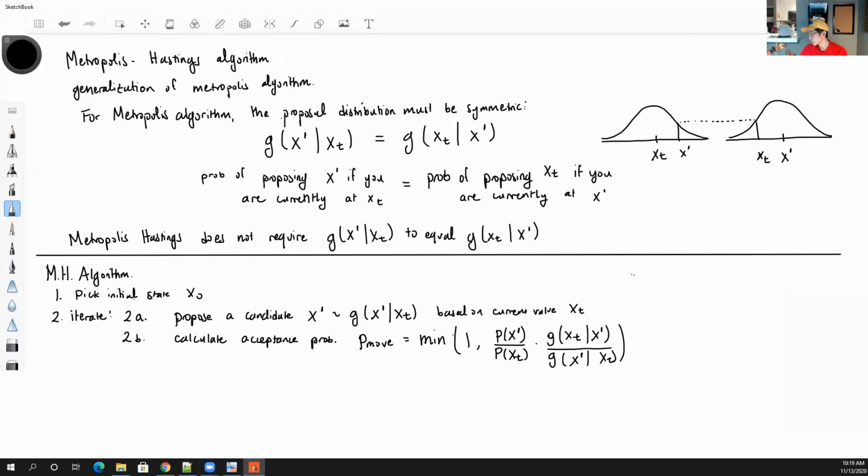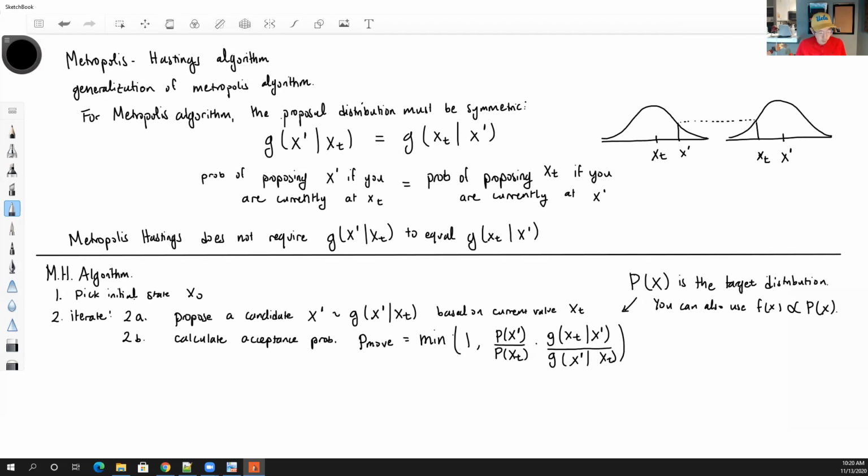Okay, so p of x is the target probability. So right here is the target distribution. Okay, and you can also use f of x proportional to p of x, right?